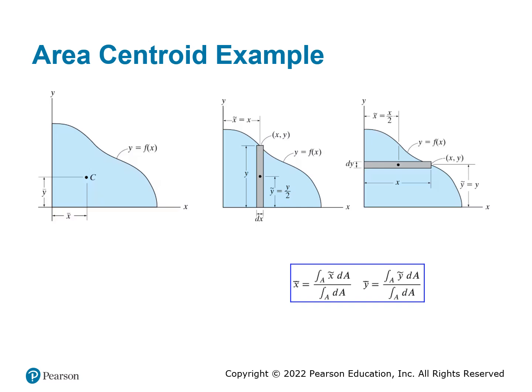If you want to find the centroid location in the x direction, that equation is shown in the blue box at the bottom. The x bar represents the centroid location in the x direction, and there is a y bar as well. That is equal to some integration I'll explain a little later.